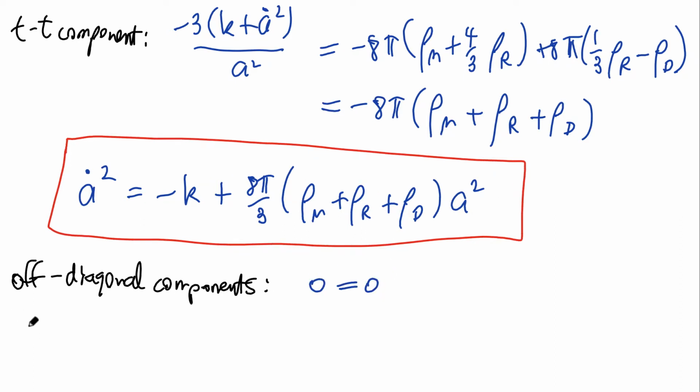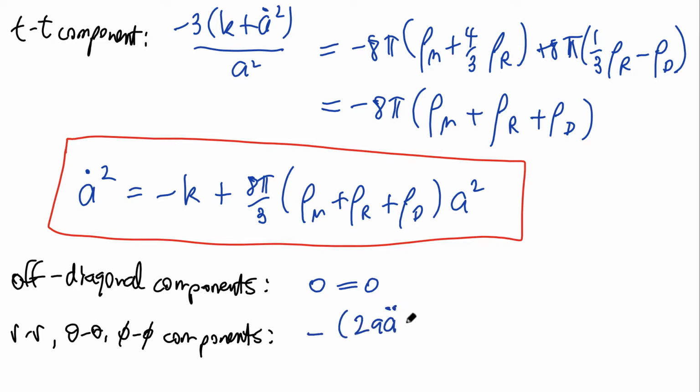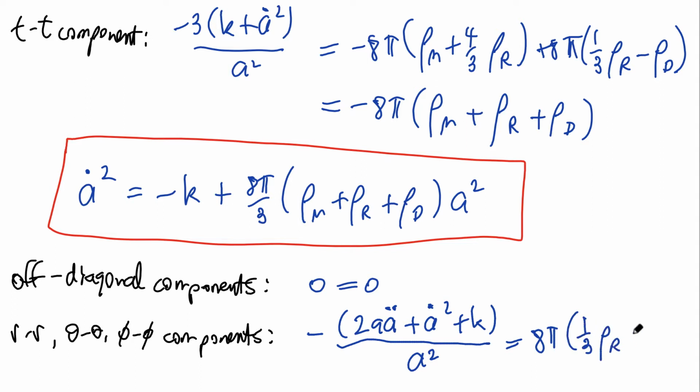And the other diagonal components, so the RR component, theta theta component, and phi phi component, all give the same thing, namely minus 2a double dot plus a dot squared plus k divided by a squared equals 8 pi times 1/3 rho r minus rho d.